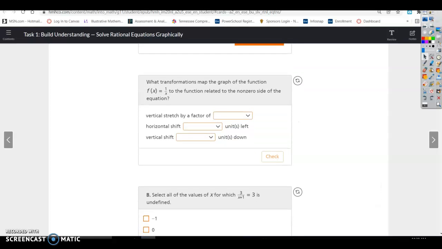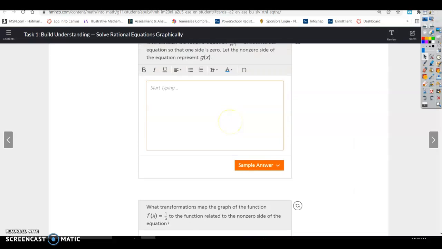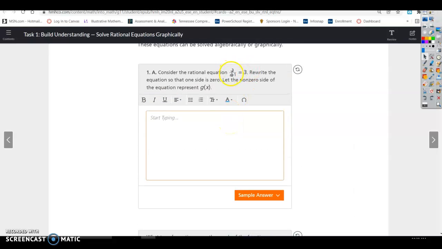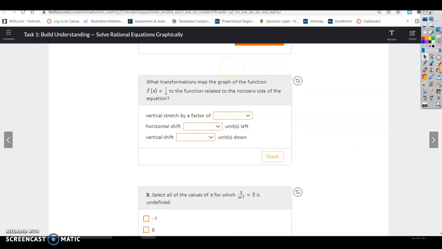All right, so it says, what transformations map the graph of this function to the function related to the non-zero side of the equation? You can see that that's going to be a vertical stretch of 3.